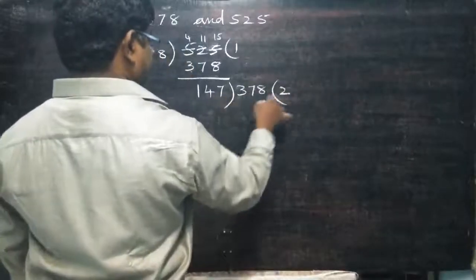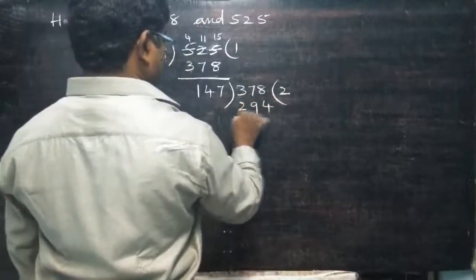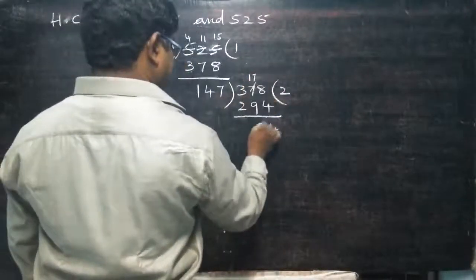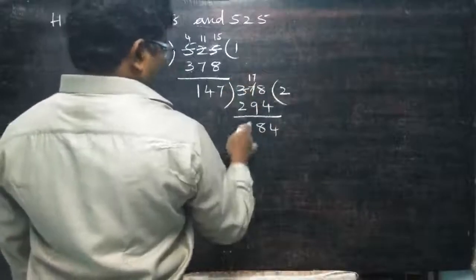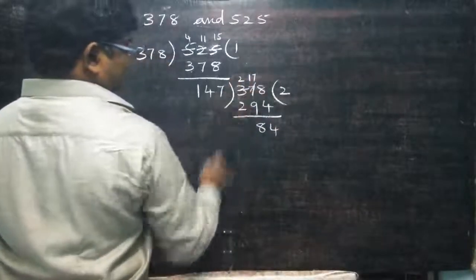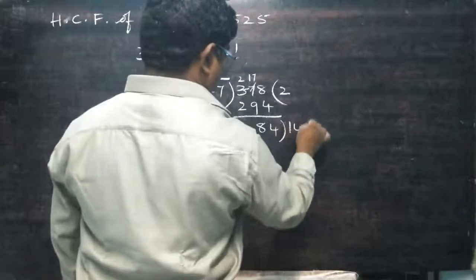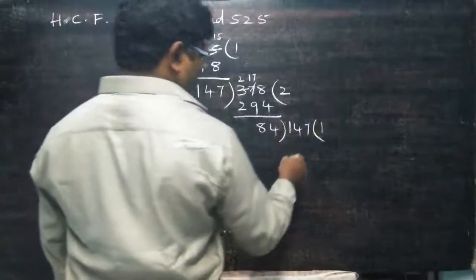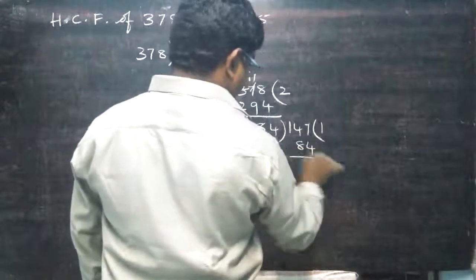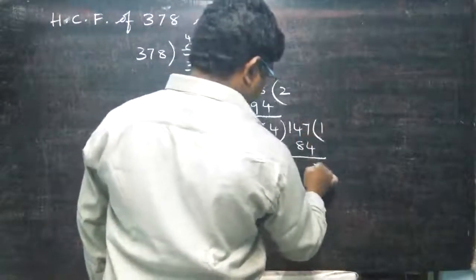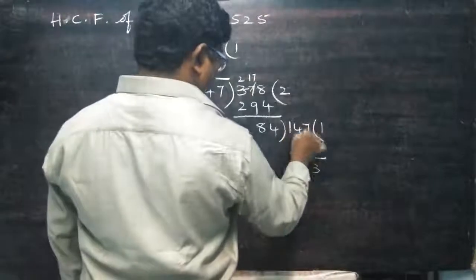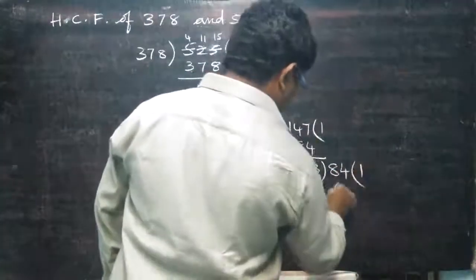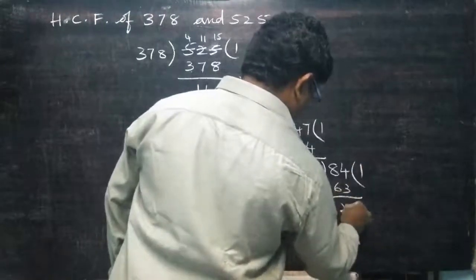147 remainder. 378 divided by 147, two times, 294, remainder 84. Then 147 by 84, one time, remainder 63. Then 84 by 63, one time, remainder 21.